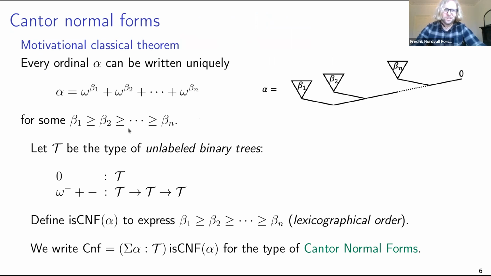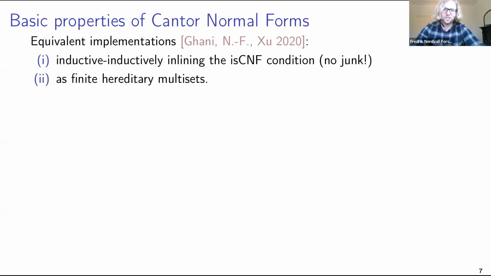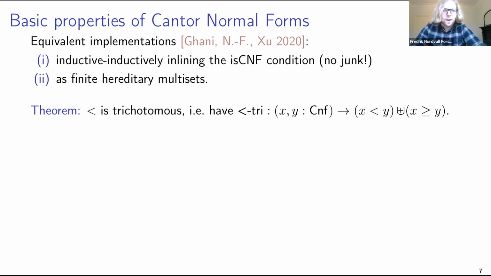So the important part is the uniqueness, because this condition here ensures that there's only one way to represent each ordinal. And that's what makes it work. And another way to make it work is to just quotient out the difference. Okay, so you can define it any way you like, and they're all equivalent. So by univalence, they're all equal.